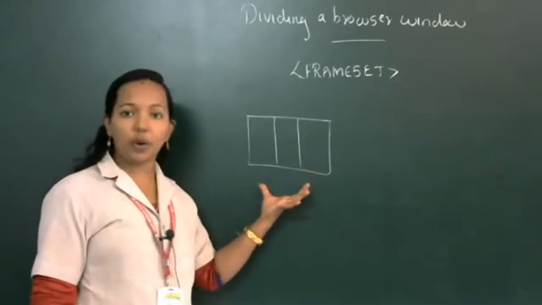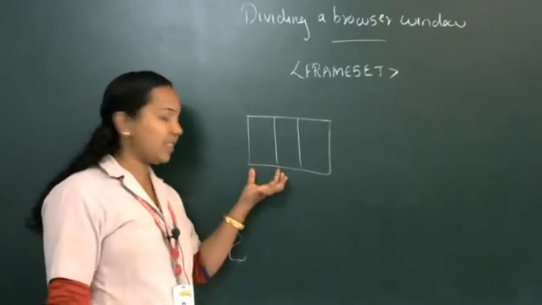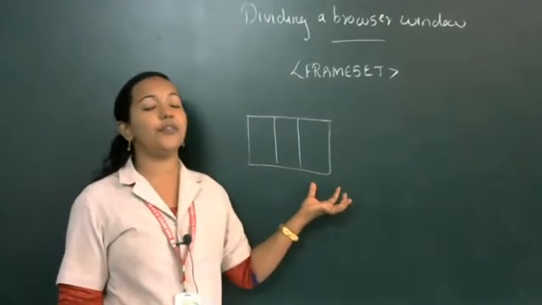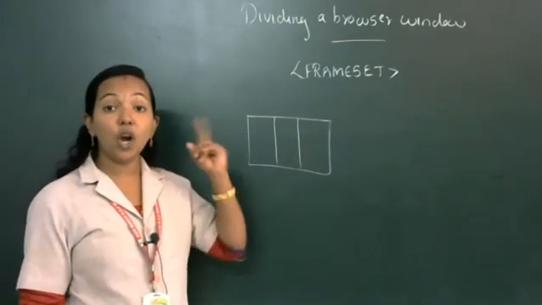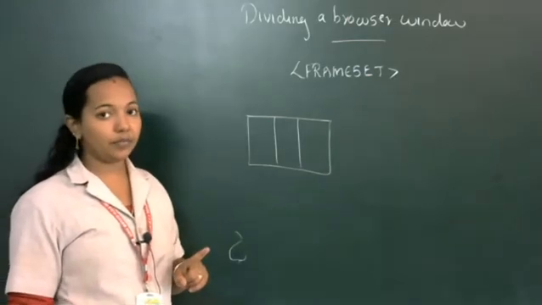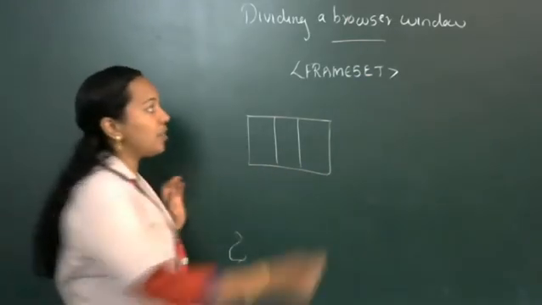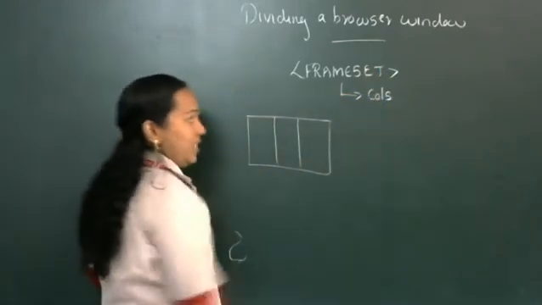So in this browser window we can include three different web pages. The first column is reserved for the first web page, and so on. So here we are dividing the browser window in column wise manner.